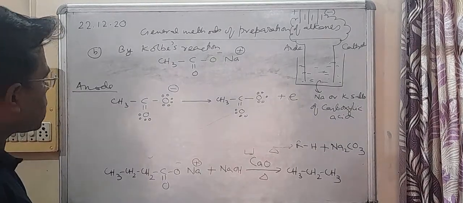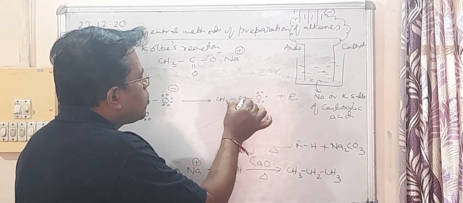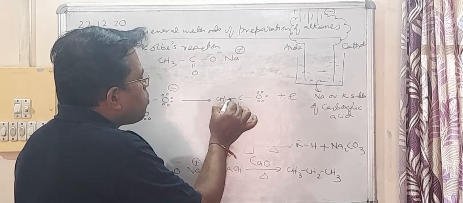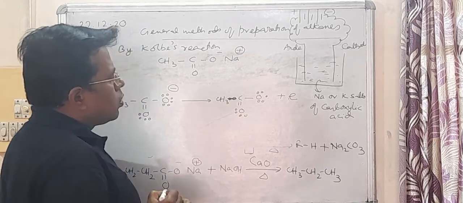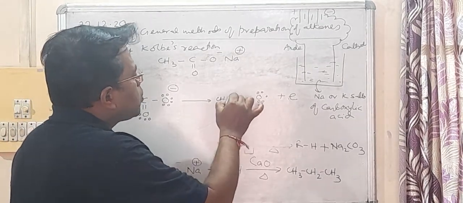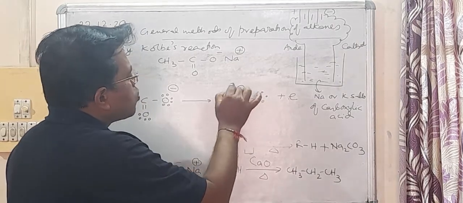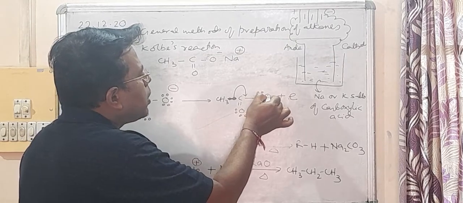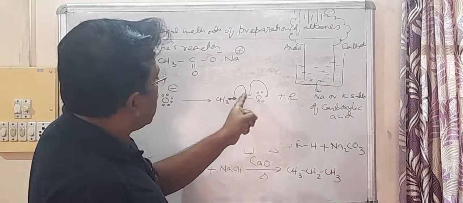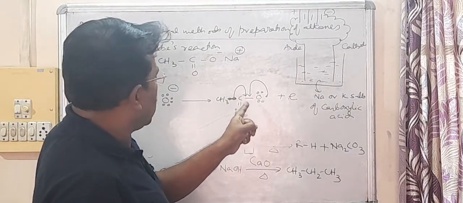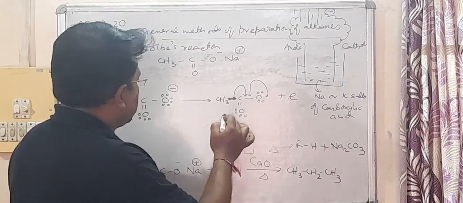And after that there is another step that you should know. Look at this bond. This bond has 2 electrons. One of the electrons from here comes here, and this unpaired electron also comes here. So at this place 2 electrons are coming, and carbon dioxide will be formed.